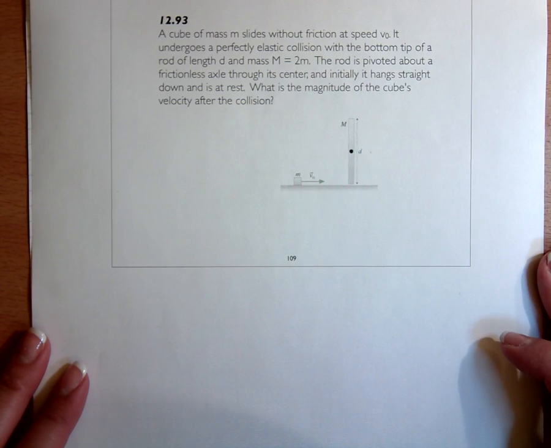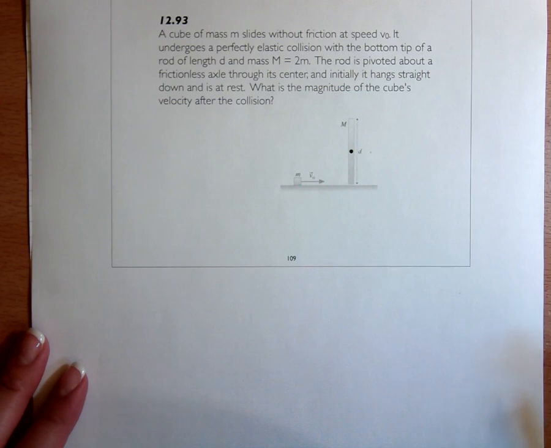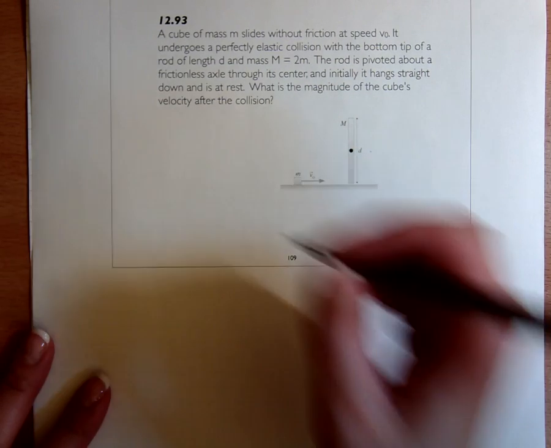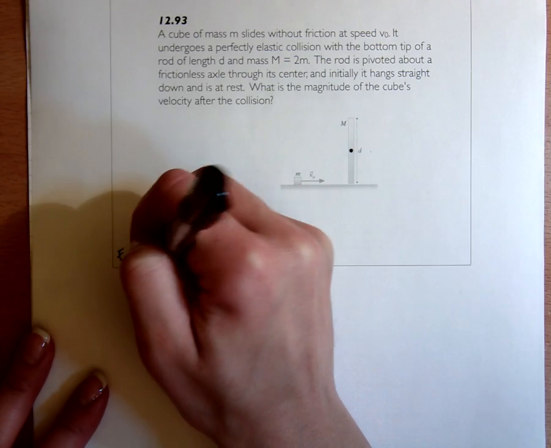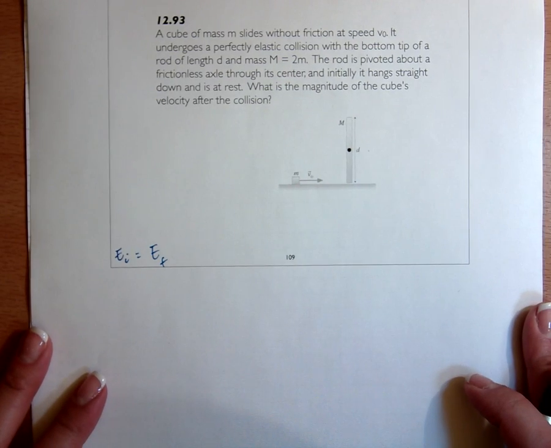So like we discussed in class, we can apply conservation of energy and conservation of angular momentum in this problem. Conservation of energy says the initial energy is equal to the final energy.